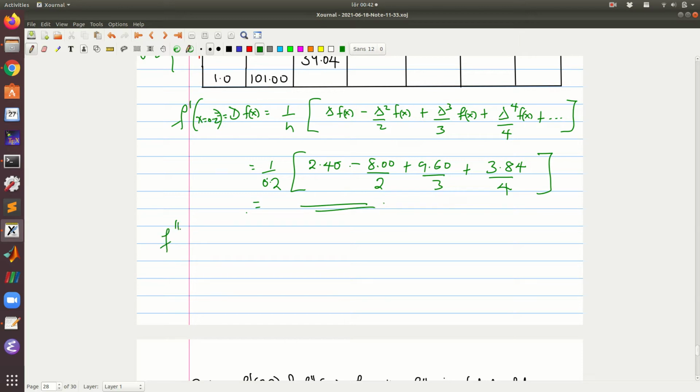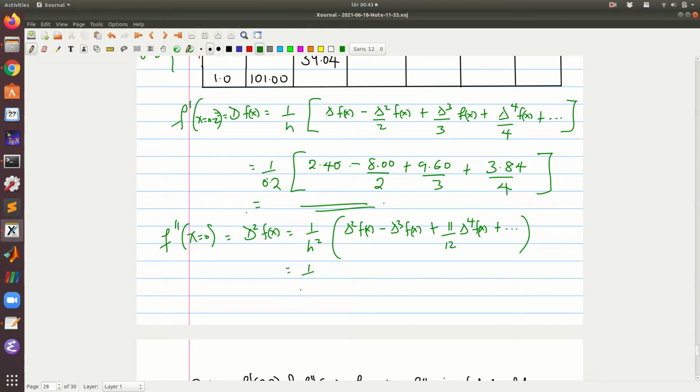Now if you want to get the second derivative at the point x equals 0, this is going to be d2f of x, which is 1 over h squared, times the expression we had: the second forward difference minus the third forward difference plus 11 over 12 times the fourth forward difference, plus so on.